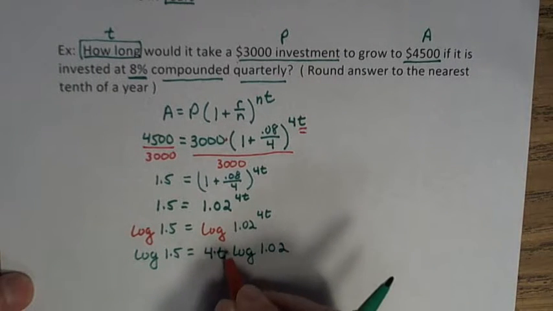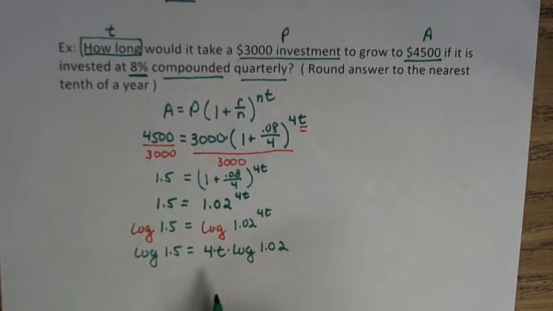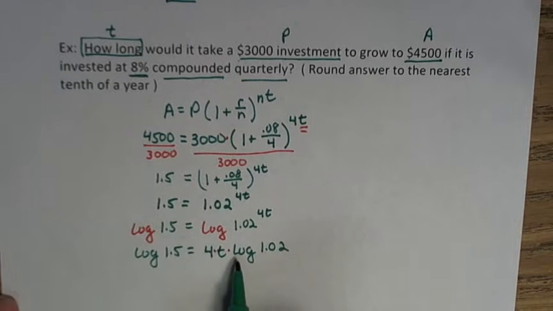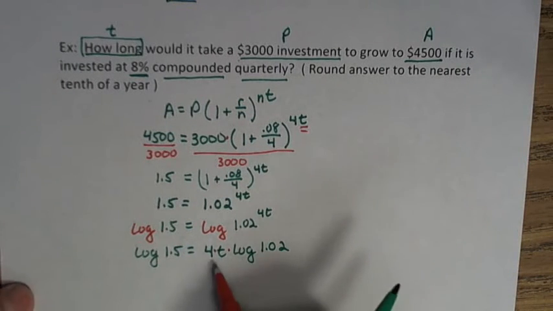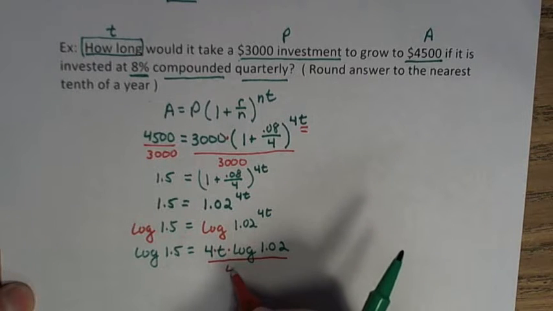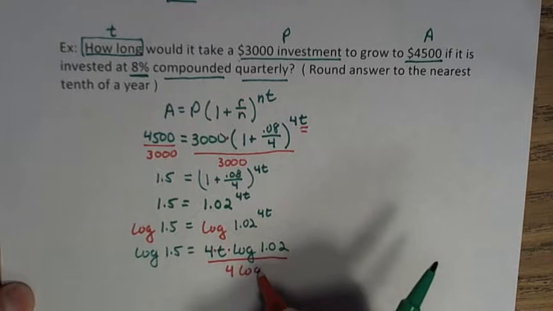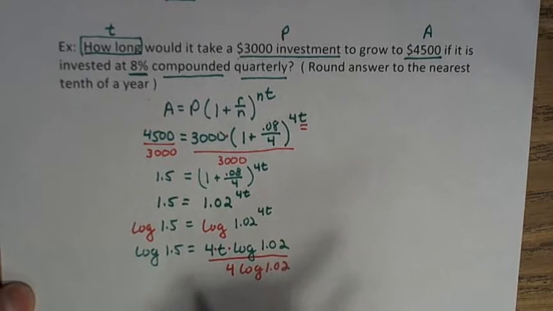Remember that these are all being multiplied, and you've got 4 times t times the value log of 1.02, and we're going to divide both sides here by 4 log of 1.02.